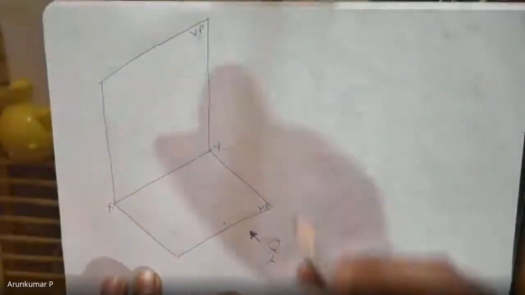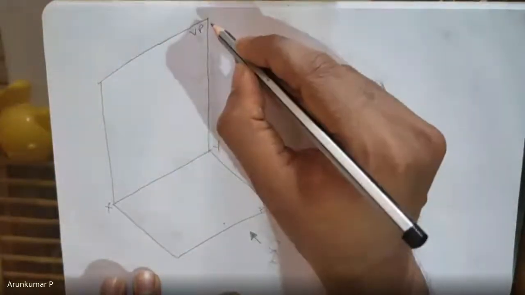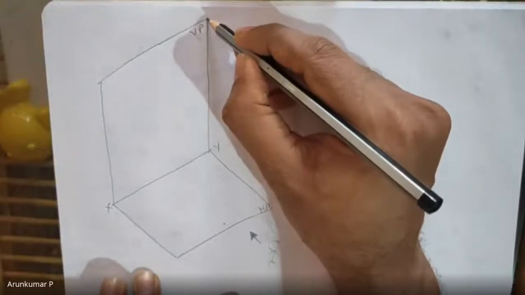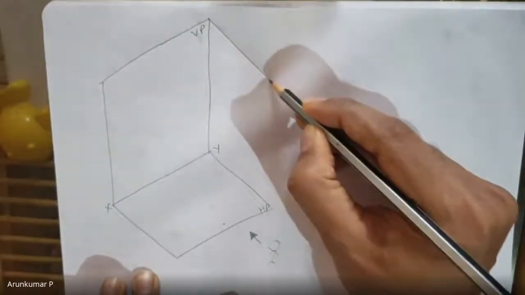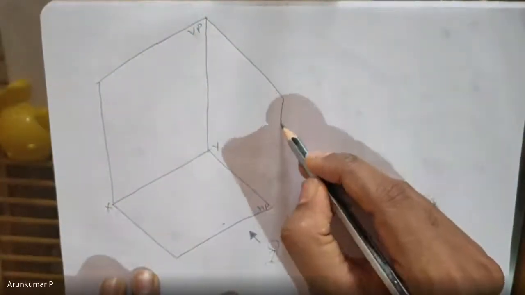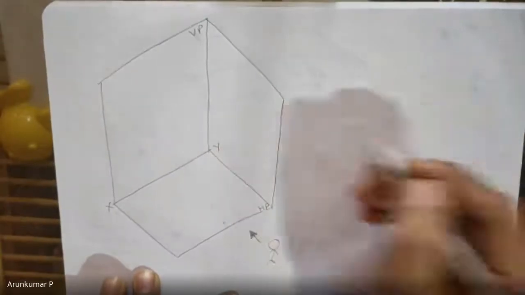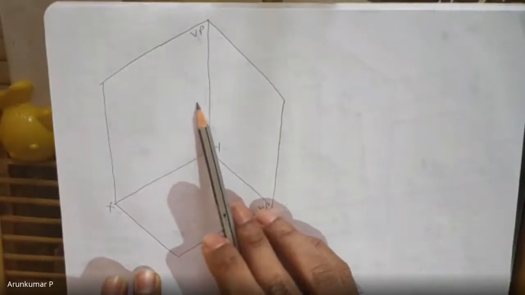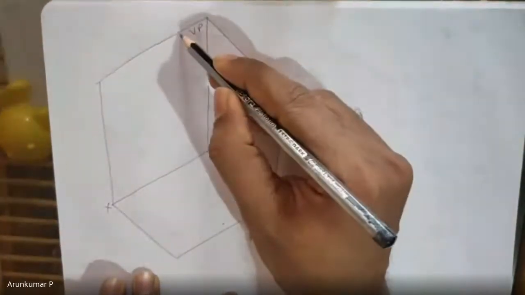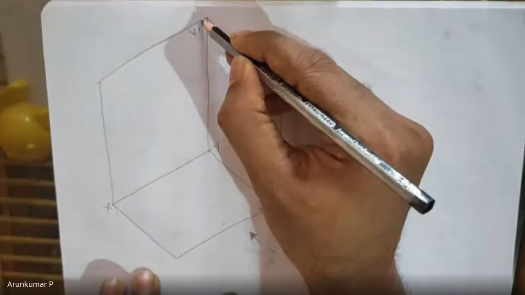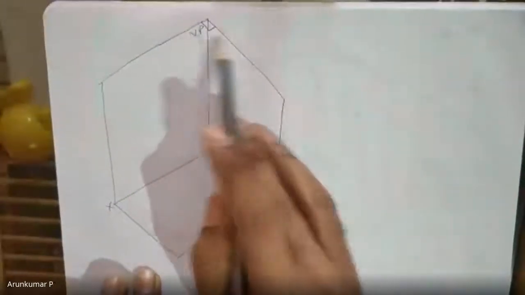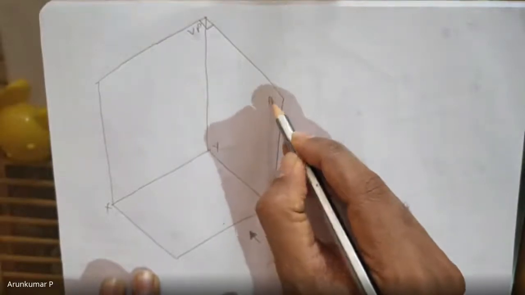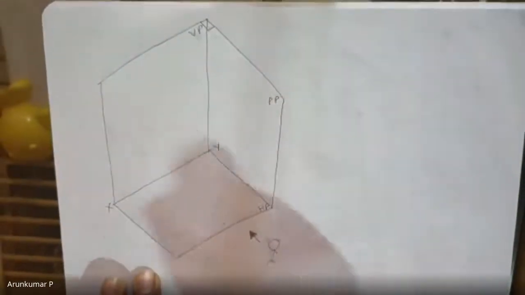Okay. So what I'll do is I'll first take a plane on the right side, a profile plane on the right side. So this is the profile plane. So this is a plane which is perpendicular to VP. You can see the angle between VP and this profile plane, you can say as PP, is 90 degrees.